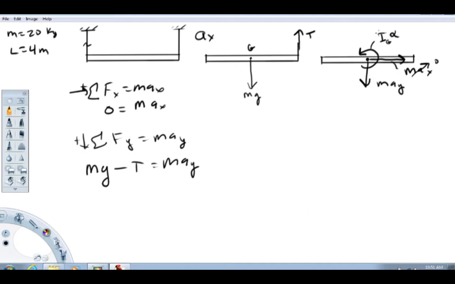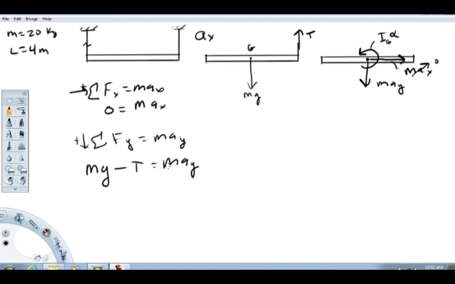The moment of inertia of a bar about its center is 1/12 m l squared. We can either look that up or calculate it by direct integration. The point is that we still need to write more equations. I still have a_y, alpha, and T, and we really only have one equation to work with. So we've got to write two more equations.